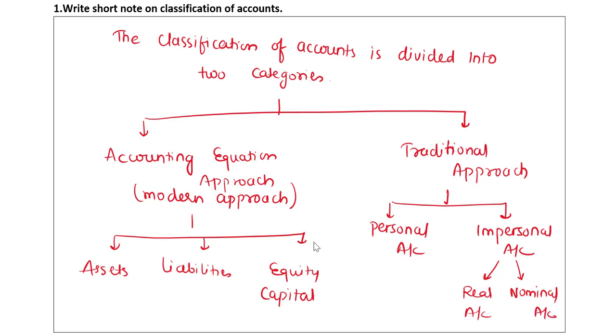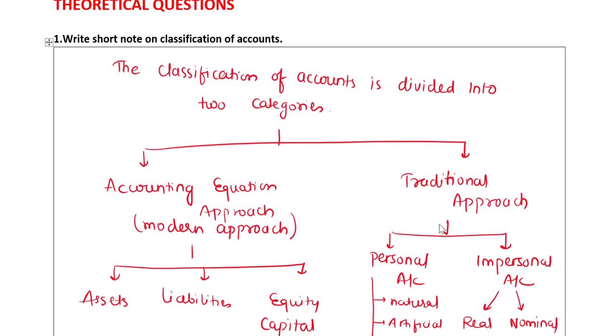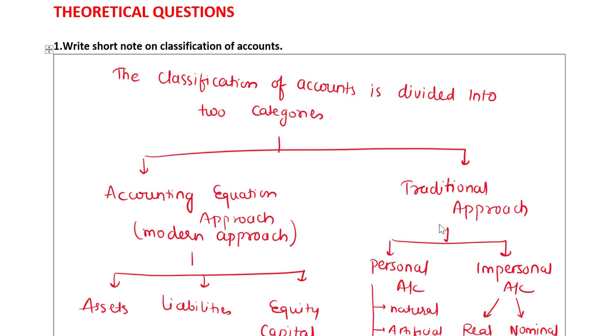And in personal account, you have three categories: natural person, artificial person, and at last, representative personal account. I believe all of you must have understood this question, that is, write a short note on classification of accounts.